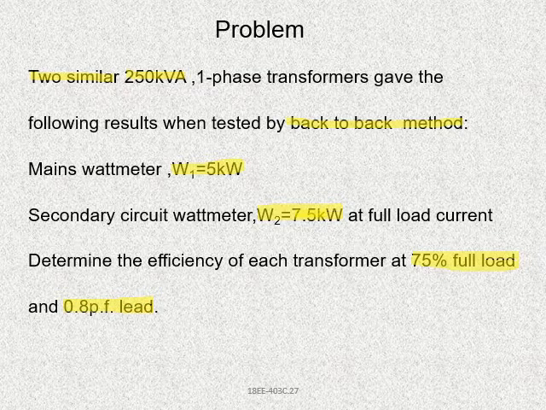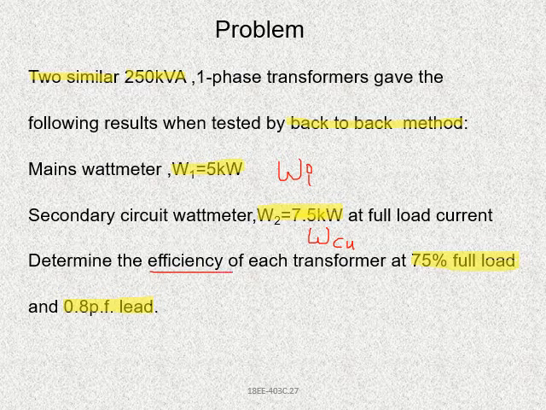So the W1 of 5 kilowatts measures the iron losses, and the W2 in the secondary measures the copper losses. We are asked to determine the efficiency of each transformer at 75% of full load at 0.8 power factor lead. We have two similar transformers of 250 kVA each.